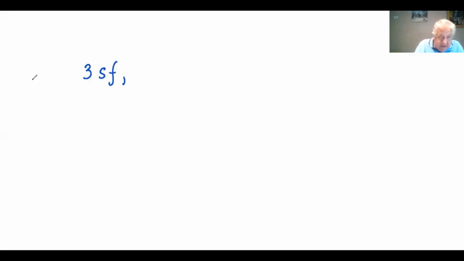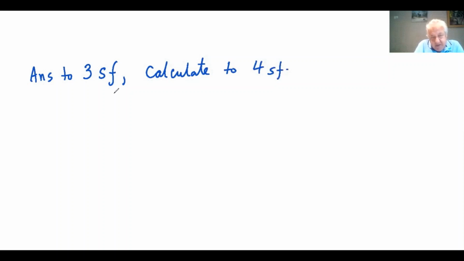Now I want my answer to 3 significant figures, so I calculate to 4 significant figures. And by the way, in my solutions for these tutorials, I'm going to ignore what's in the question and always do my calculations to 4 significant figures and give my answer to 3 significant figures.